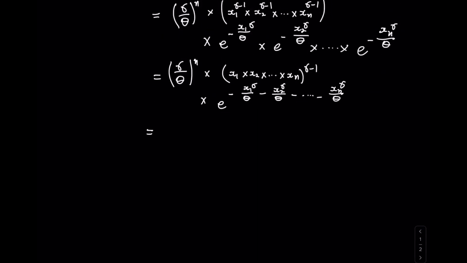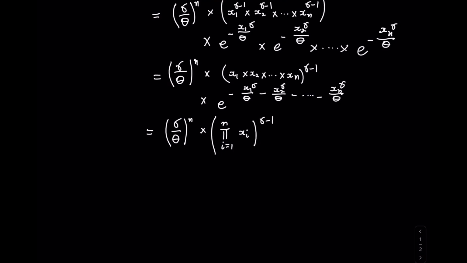Simplifying in this final step gives us the first term as unchanged, so I'm going to write gamma on theta to the power of n times, here what we have is a product of terms, and I'm going to simplify it and put it in a compact form, giving us the product of i equals 1 to n of xi to the gamma minus 1.